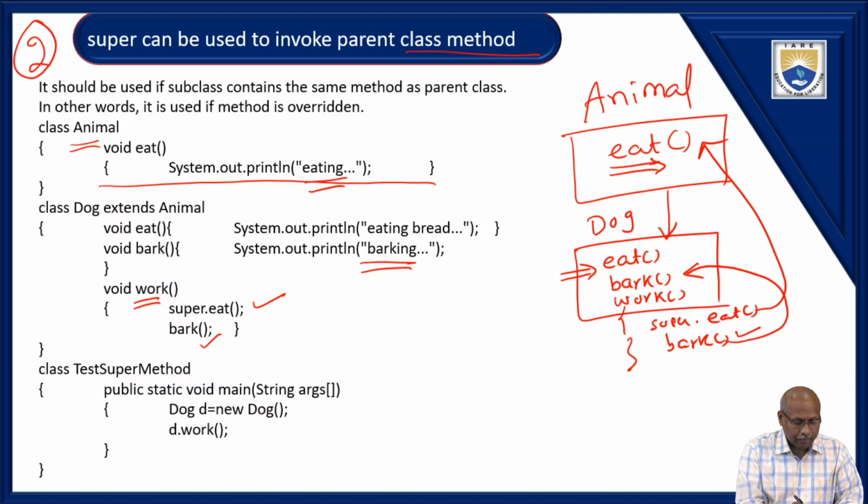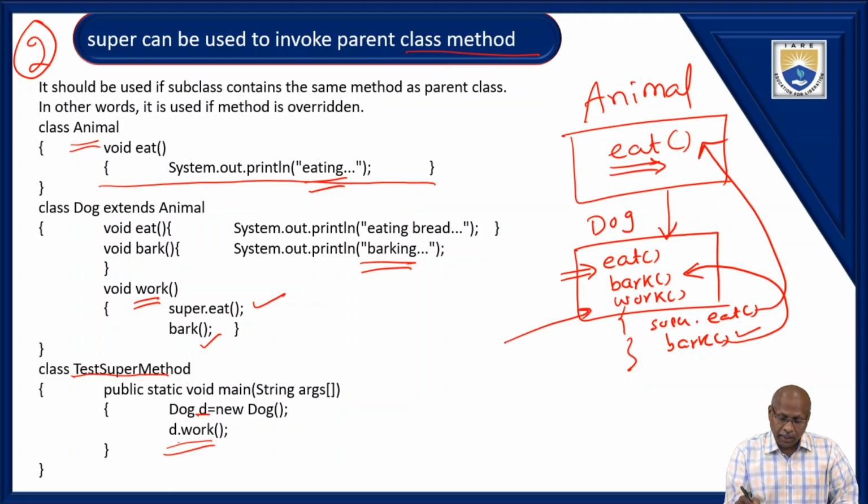Now please observe here. Class TestSuper is a demo class. Here I am creating an object of Dog, d. When I call d.work, it goes to the work method of Dog. Then control goes to super.eat, the parent's eat, so it prints eating.